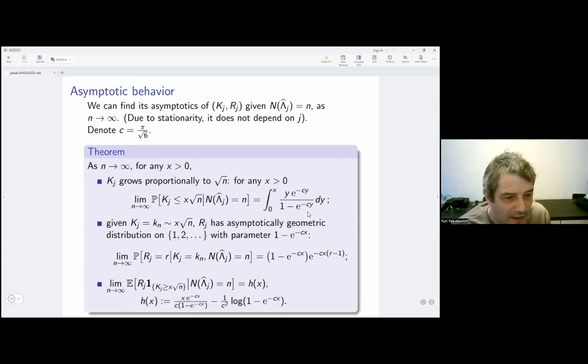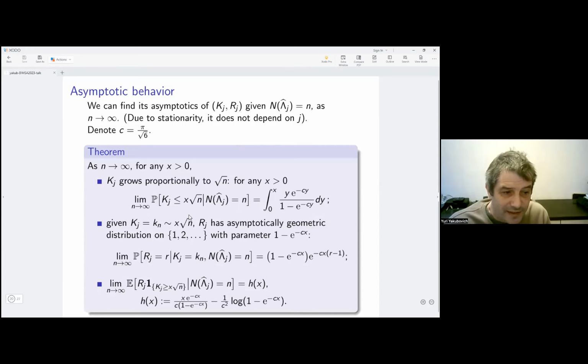Okay, so let me briefly mention what we can say about this rectangle which we add to a partition when the size of the partition is large.